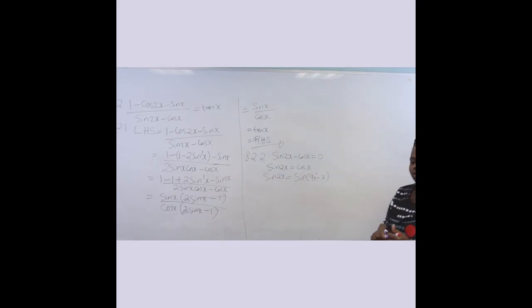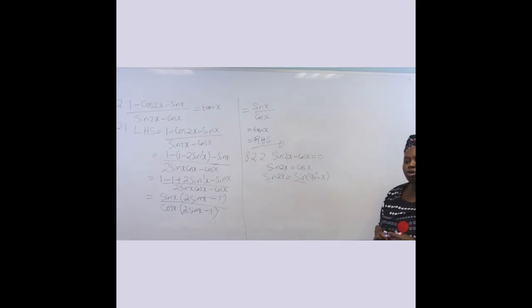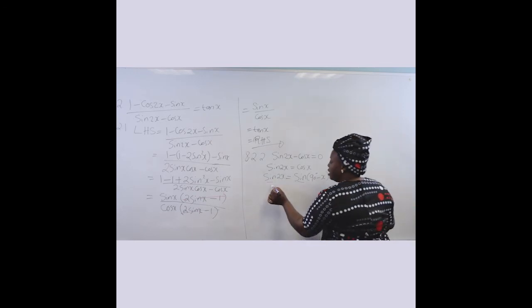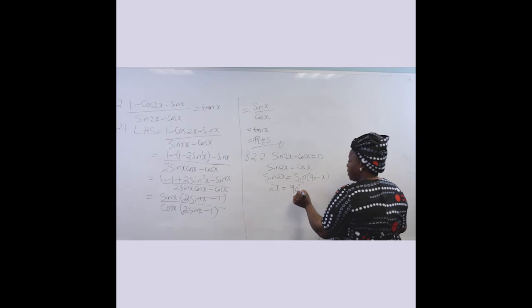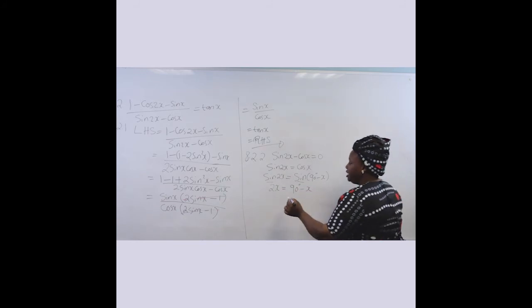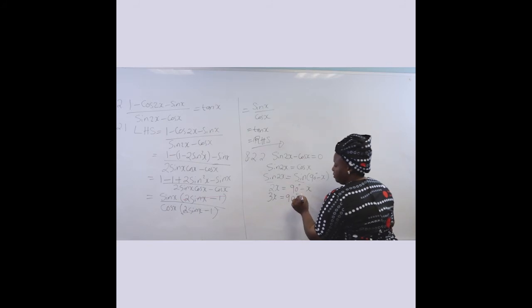Now, the moment we have the same ratios, we drop them and we focus on the angles. So the ratios are not important anymore. What is important is our angle. So 2x, it's going to be 90 minus x, meaning that 3x is equals to 90.